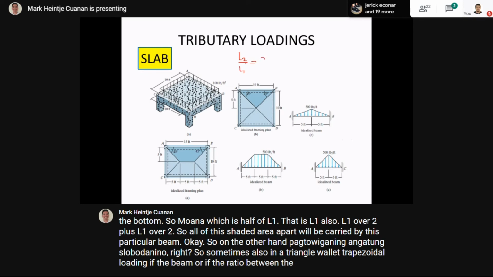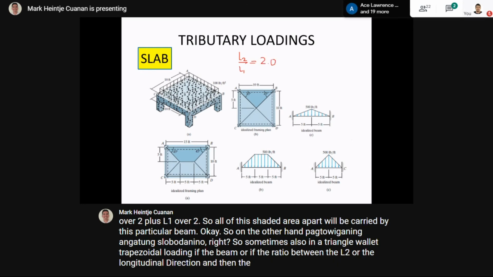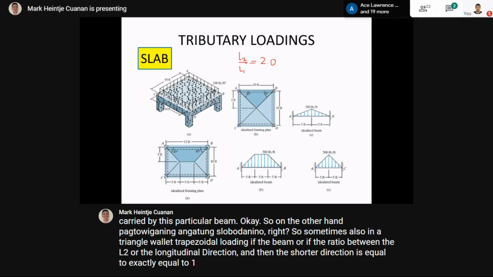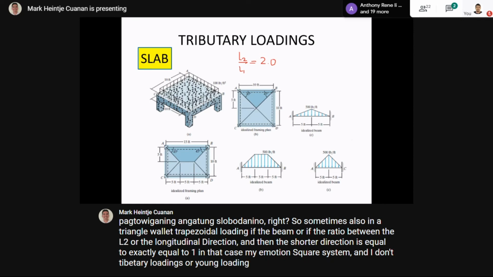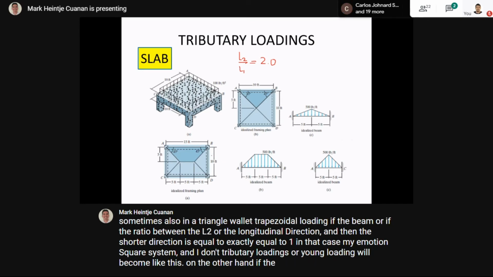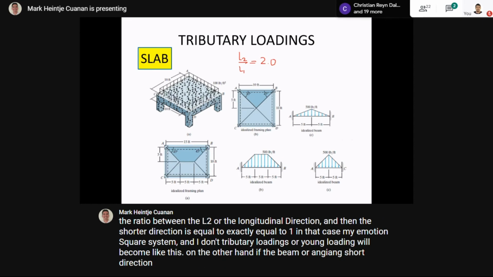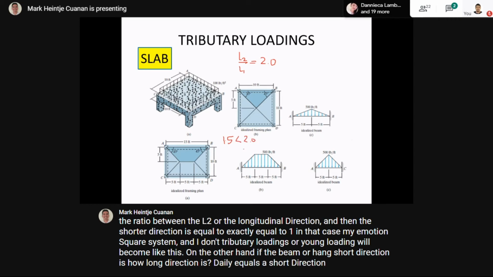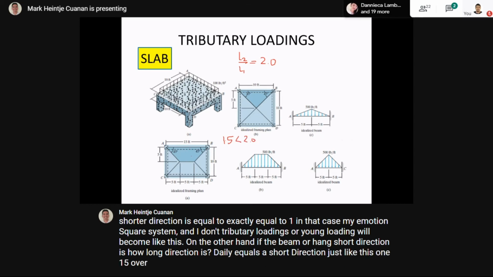If it is exactly equal to 1, mahimo siyang square nga floor system, and the tributary loading will become like this. On the other hand, if the long direction is not equal to the short direction, just like this one, 15 over 10, ang ratio ani is 1.5, which is lesser than 2. So in that case, naay trapezoidal nga mga loads ang makuha.